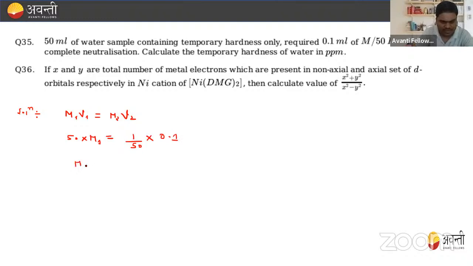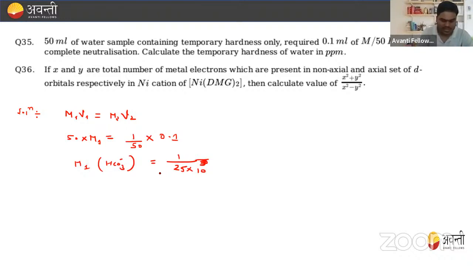So what does M1 come out to be? M1 is nothing but HCO3 negative. So it comes out to be 1 upon 25 into 10 raised to the power 3. So 1 upon 25 into 10 raised to the power 3.